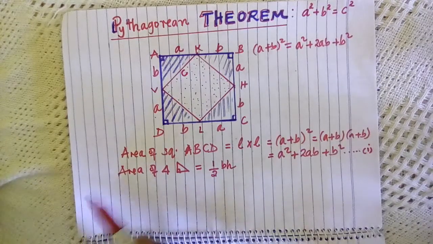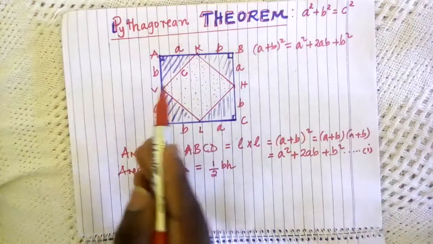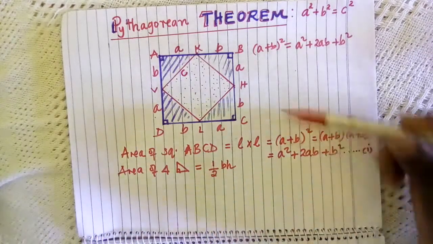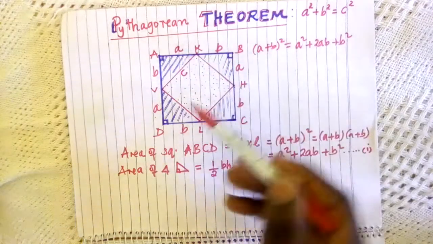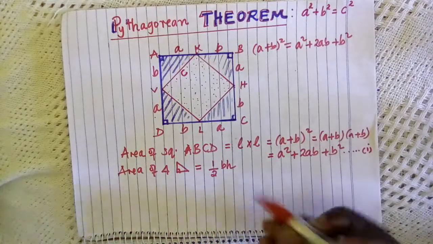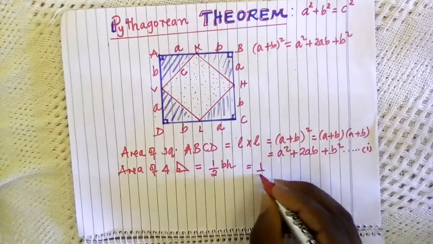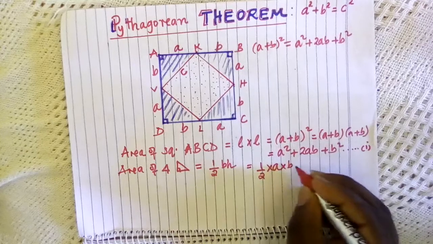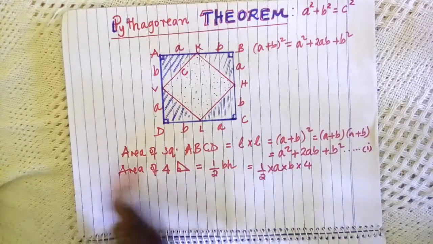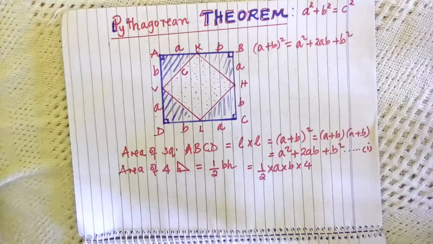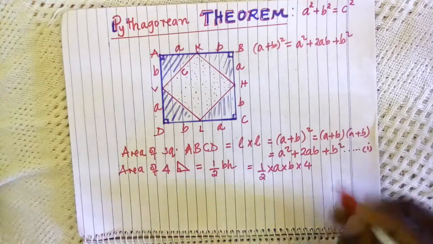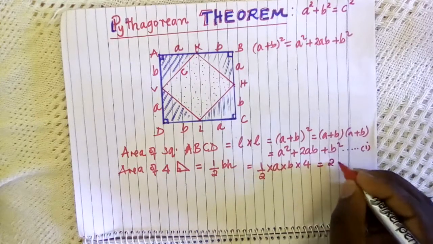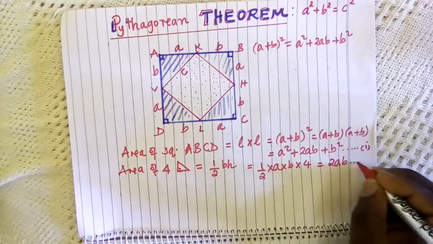In this case, you can alternate: if the base is A, the height is B, and then you multiply by 4. Since there are 4, this is the first one, the second one, the third, and the fourth, right? So this is half of A multiplied by B multiplied by 4, since there are 4 right-angled triangles. We can simplify this and we get twice AB. Now let's call this equation 2.